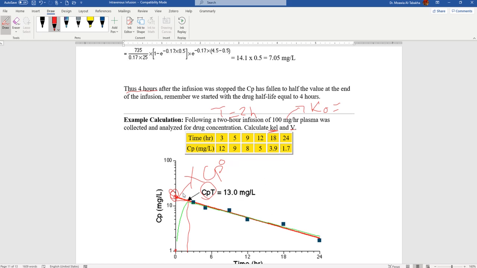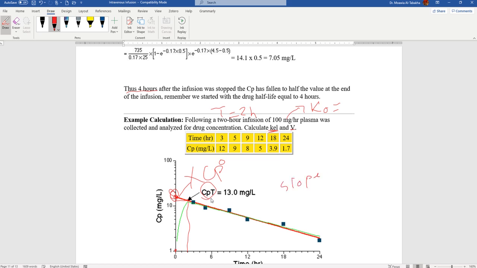Okay, number 2, it says we need KL and V. Now what we got here is CPT capital. This straight line represents the exponential decrease in the concentration, and its slope is equal to minus KL.